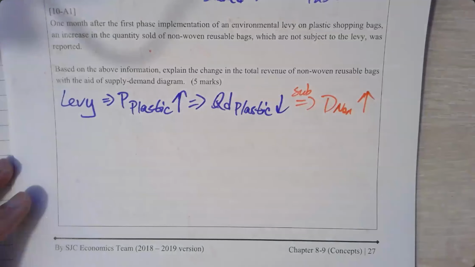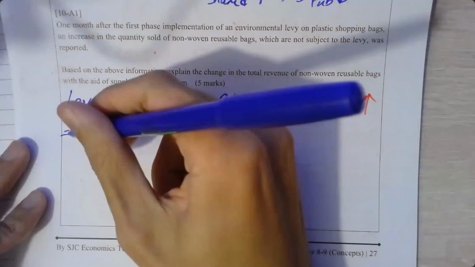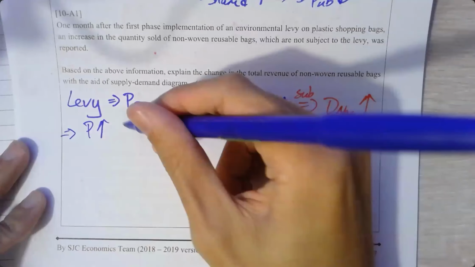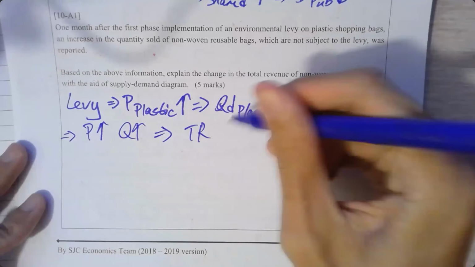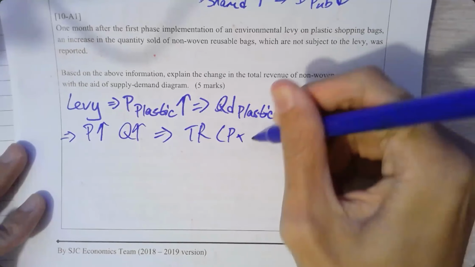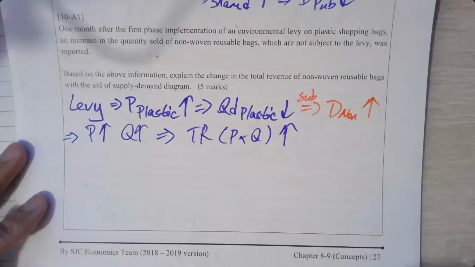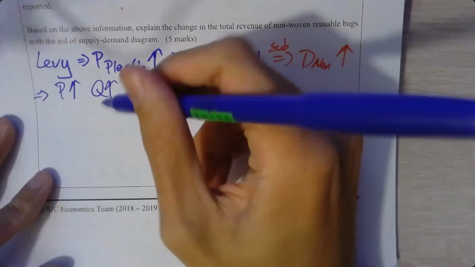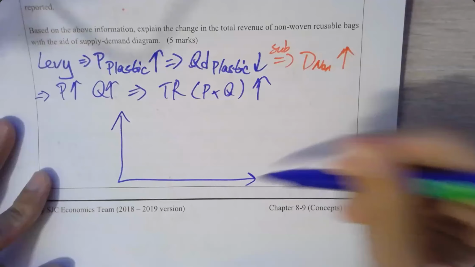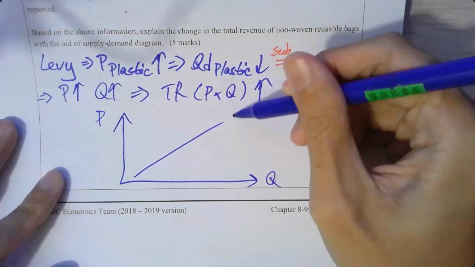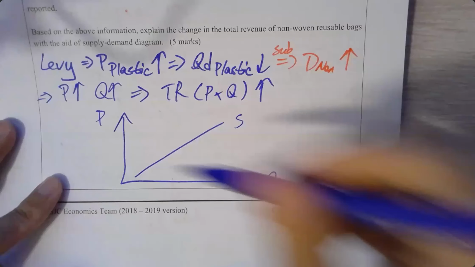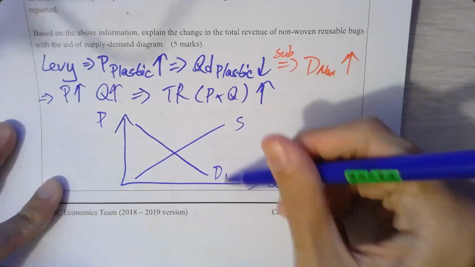When demand increases, what happens? Price of non-woven increases, quantity of non-woven increases. Therefore, total revenue, which by the way is P times Q, would also increase. That's it. So how to draw? Just draw the demand increase. So here we have supply, then this one we have our demand 1.